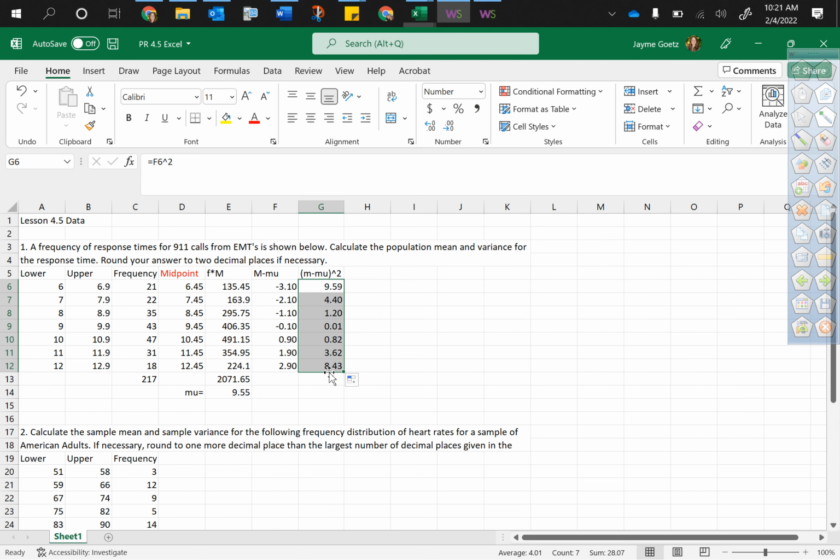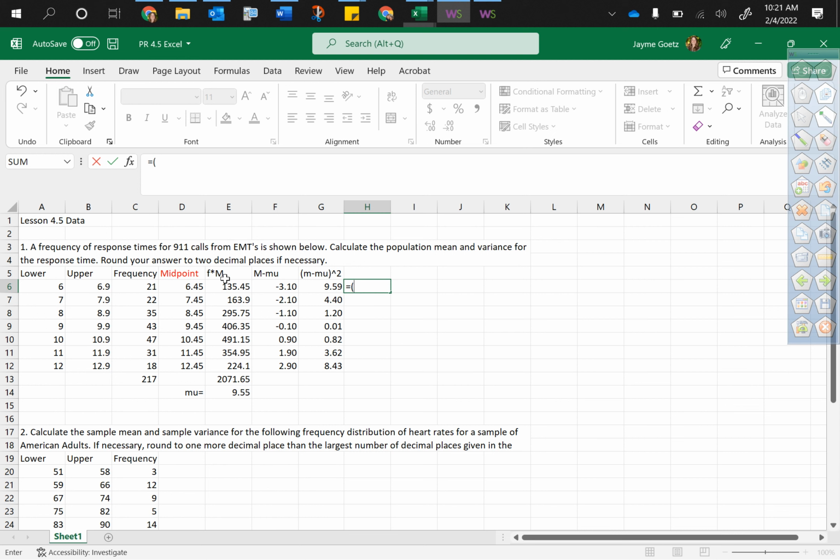Now, something else that you could be aware of is you could do these two columns right here in one step. You really don't even need this step if you don't want to, because in a cell reference, you could type equals, parenthesis, your midpoint minus your mean, absolute cell reference, and square it all in one step.